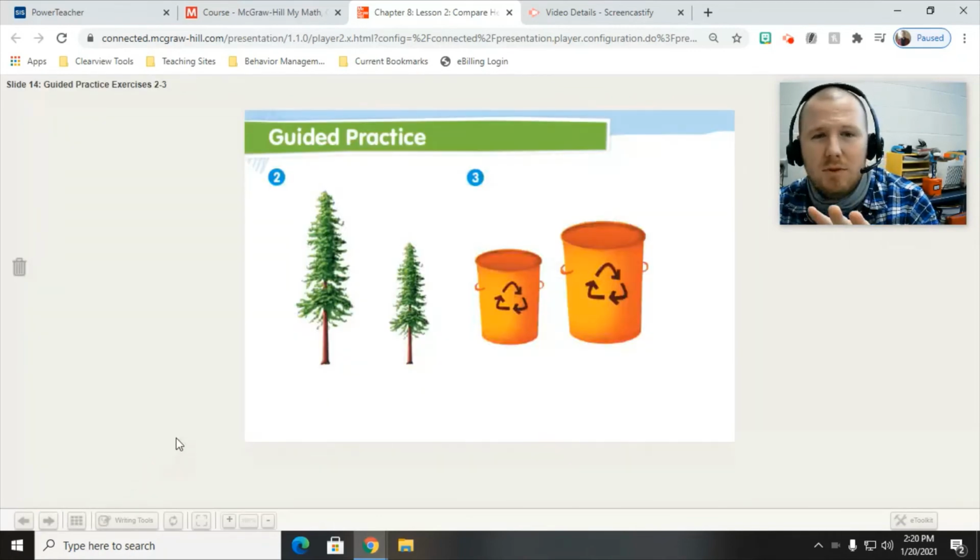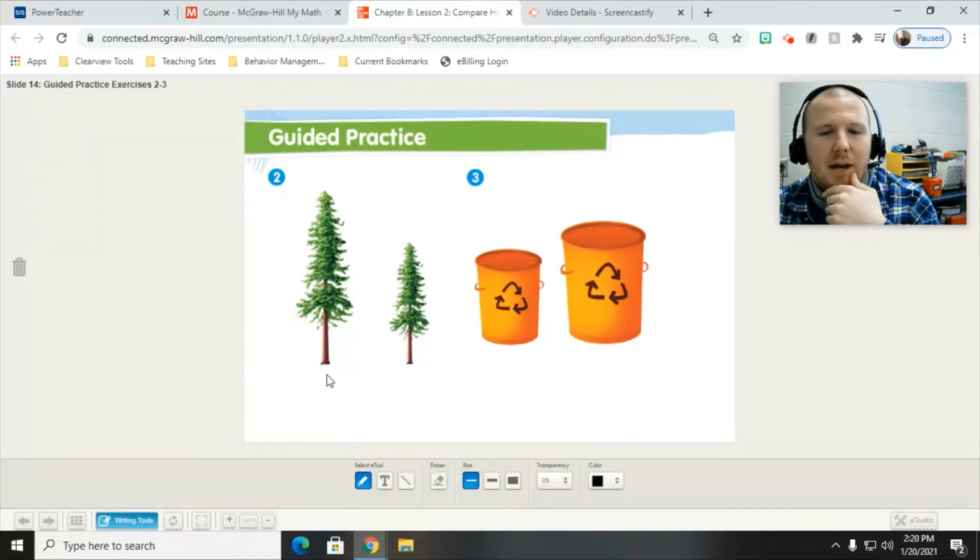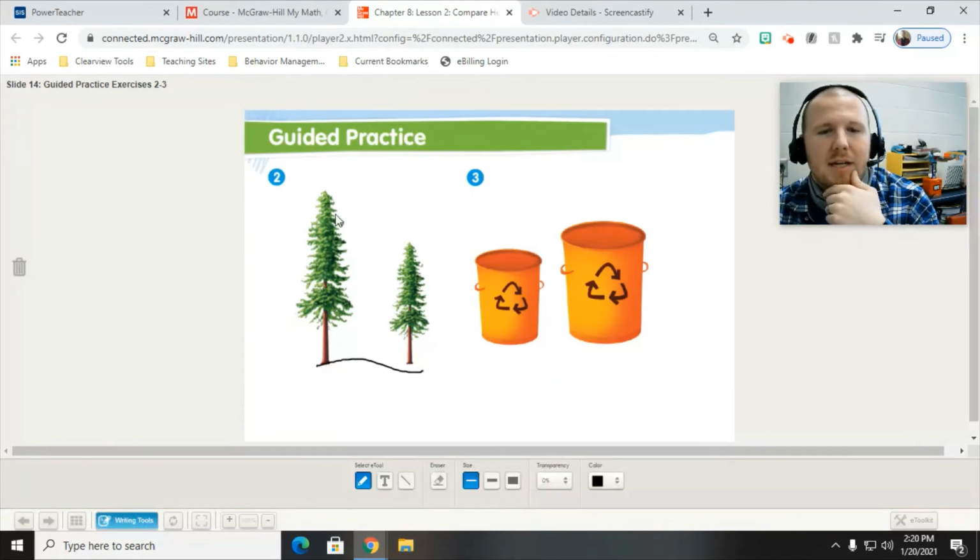Well, let's see if they show us what's going to happen. Okay, so for these two instances, they do have taller and they do have shorter. So taller, remember, if you don't have any cubes with you, just take a pencil and draw your line. So there's that, and then there's that. So this one is obviously taller. This one is shorter. Same thing right here. They're both sitting on the ground.